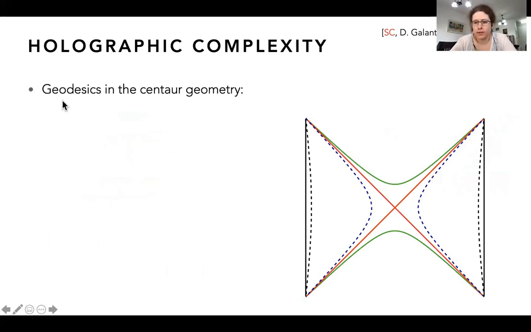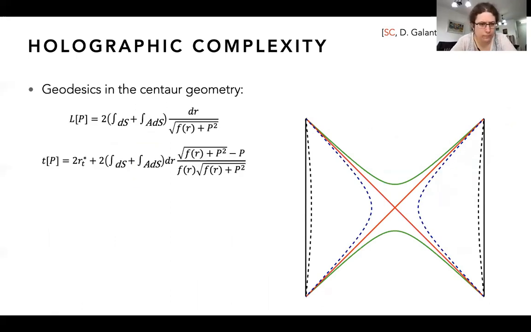For this, we are going to use exactly this holographic setup that we now have for the cosmological horizon, and just look at geodesics in the centaur geometries, in an attempt to study, under these conjectures, complexity in these centaur geometries, so the complexity of the theory dual to the cosmological horizon.